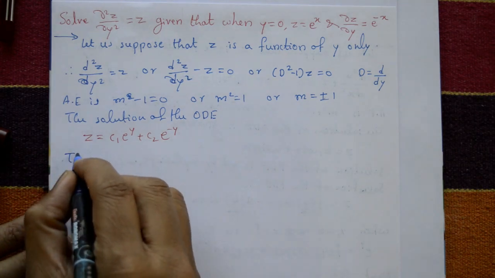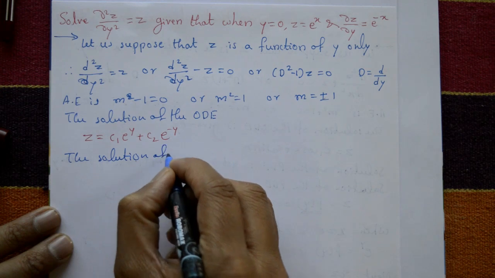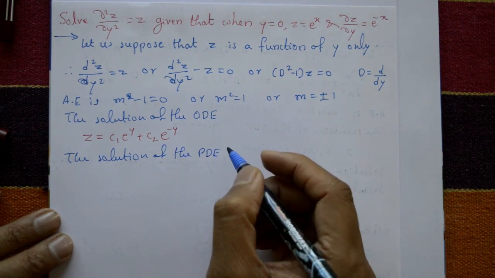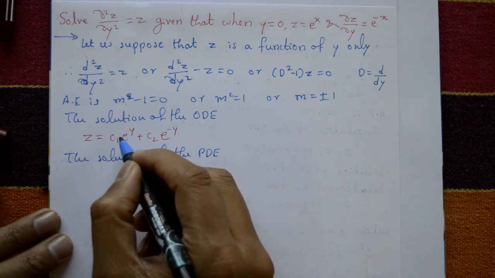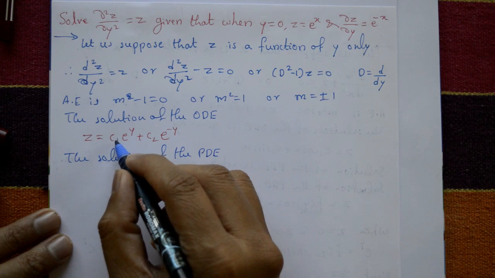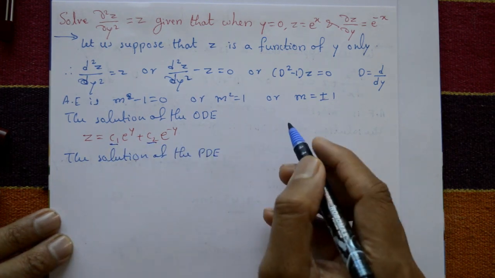Now write the solution of the PDE, the partial differential equation. The PDE solution is obtained by replacing c1 and c2 by functions of x.